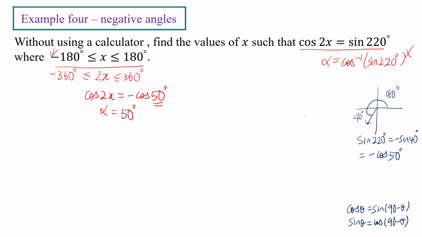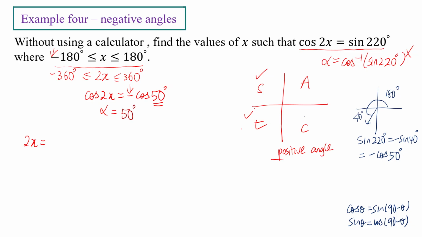Okay, so now let's look at what we're supposed to get for 2x. Let's concentrate on the positive angle first. So let's draw your ASTC. Right, since we're dealing with a negative cosine, it will come from the second and the third quadrant, right? So for the positive angle, it goes this way.